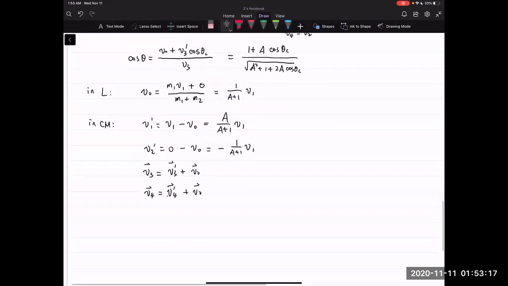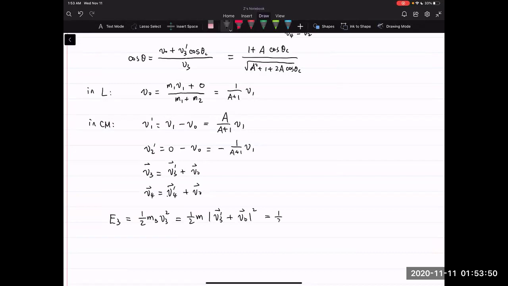Okay, then how about E3? This E3 is one half M3 V3 squared, where M3 is M. Taking the absolute value, V3 prime plus V naught squared.